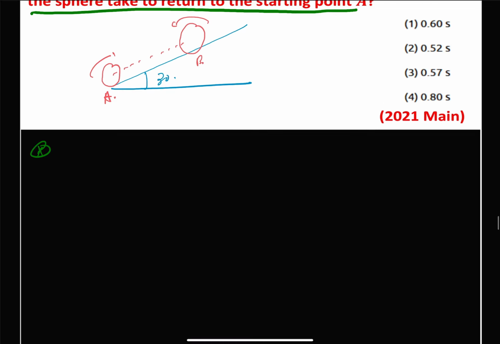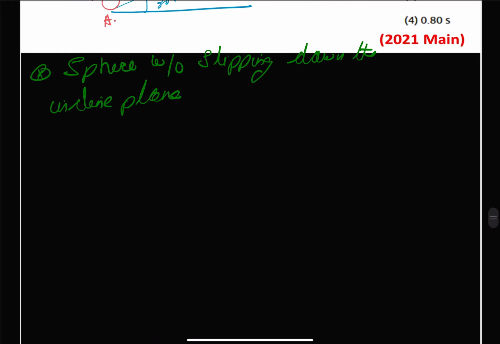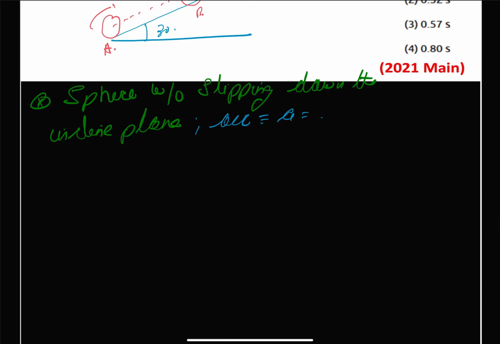Its linear acceleration a will be equal to g sine of theta upon 1 plus I divided by mr square.